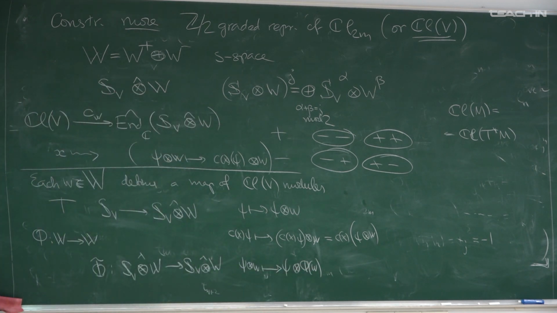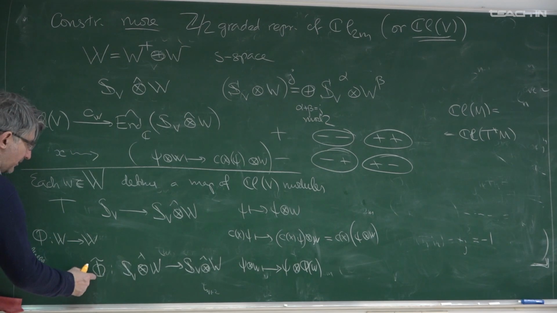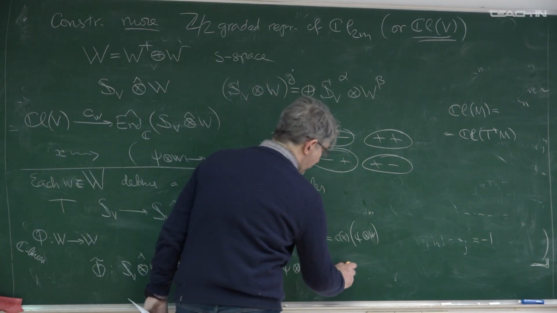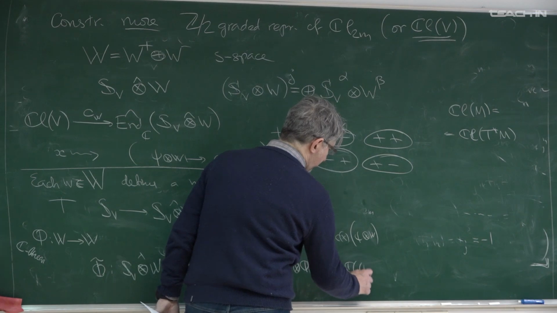This map was C-linear. And what can you tell me about phi tilde? My claim is it is Clifford of V linear.